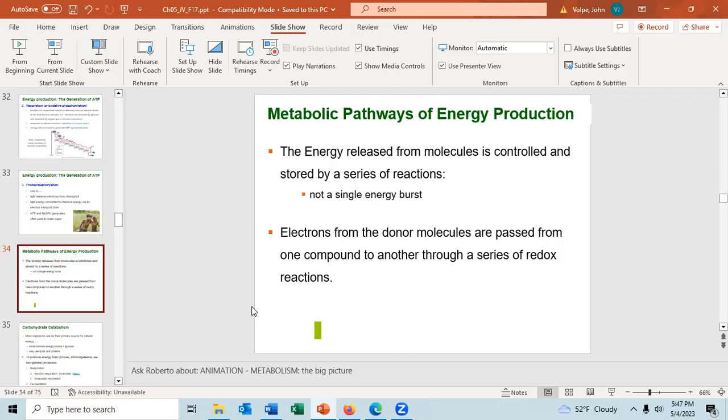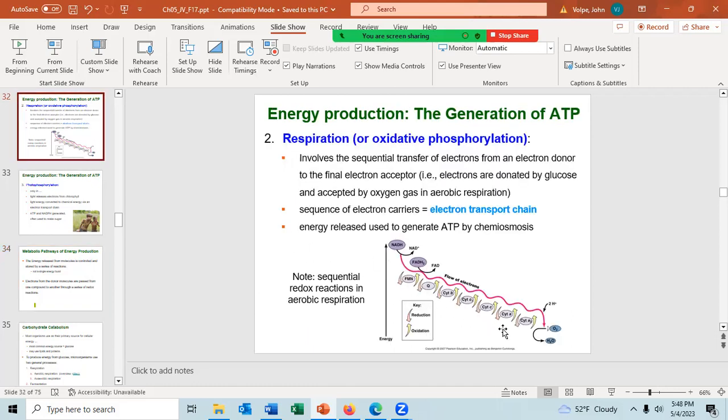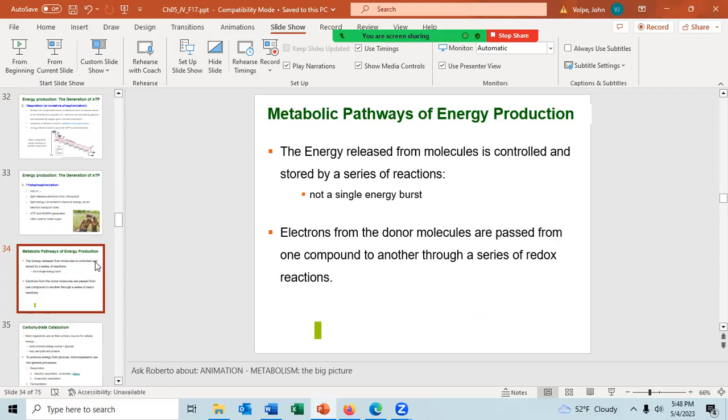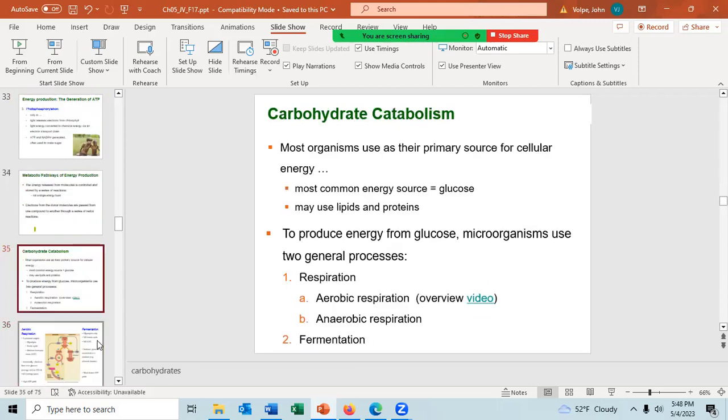So the cells don't release it in one step. They release it in a series of steps. The electrons from the donor molecules are passed from one compound to another through a series of redox reactions. And I actually showed you that happening here. It doesn't happen at one step. It happens right before making the NADH, and then here, and here, and here, and finally here. Any questions about that? All right.